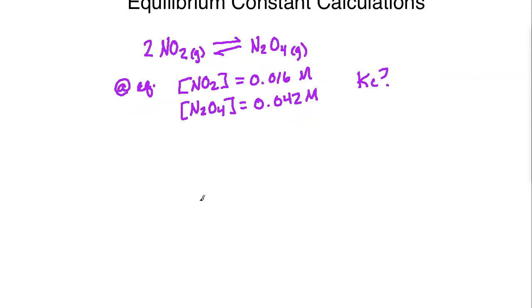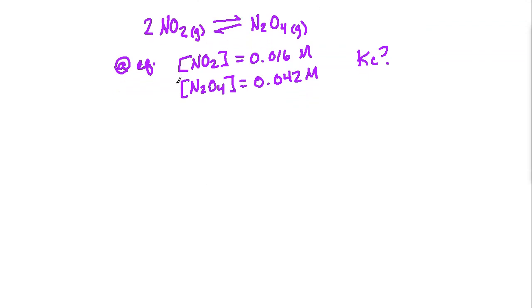So what we need to do is set up the equilibrium constant. We can say Kc equals. Now what I'd like to do is write this initially in just its product and reactant form, and then we can add the numbers in and solve the math.